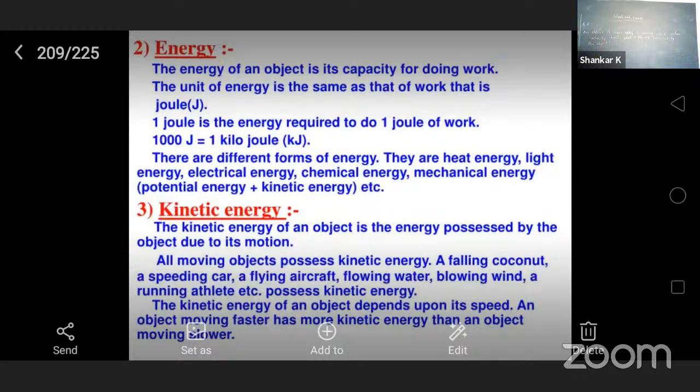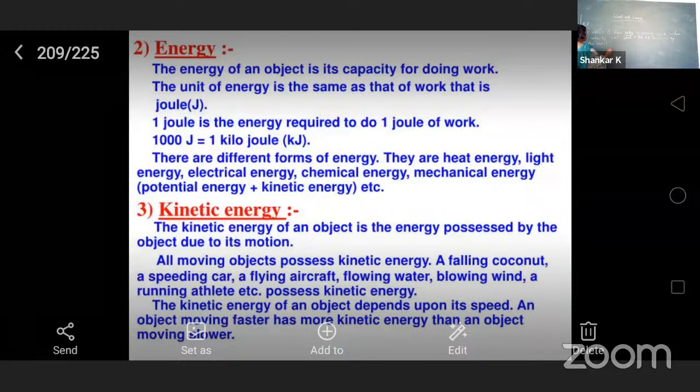Here, an object of mass 15 kg is moving with a uniform velocity. Uniform velocity means the velocity is v. What is the kinetic energy caused by the object?